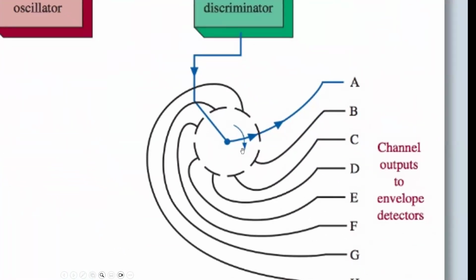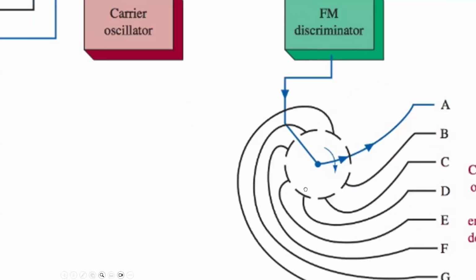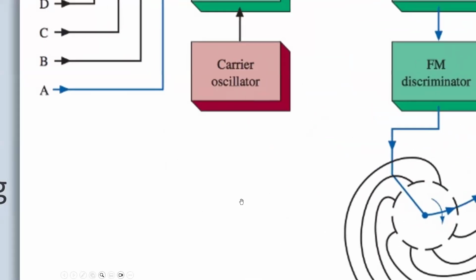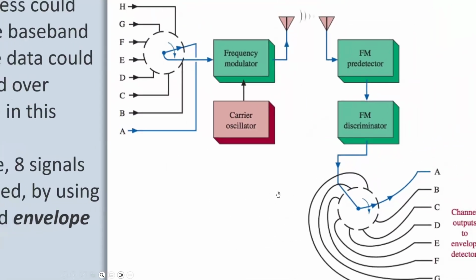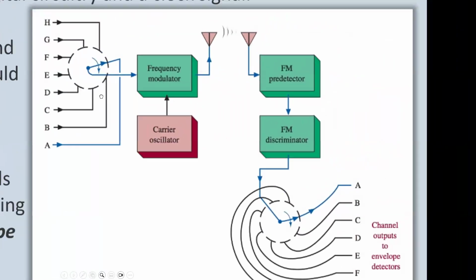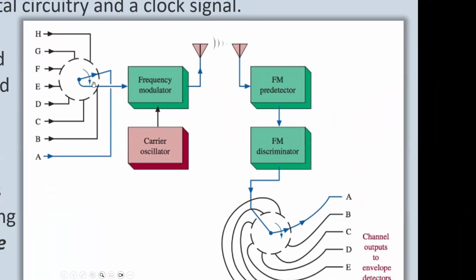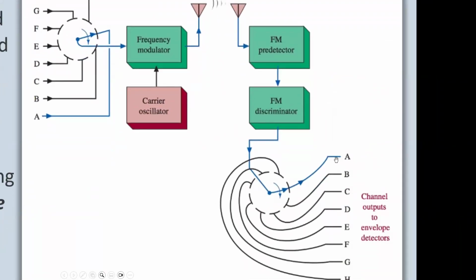On the receiving end, we have the same dial that spins at the same speed, and it's synchronized with the receiver end, so that once this one here is transmitting a signal, then that one at the same time is receiving a signal.